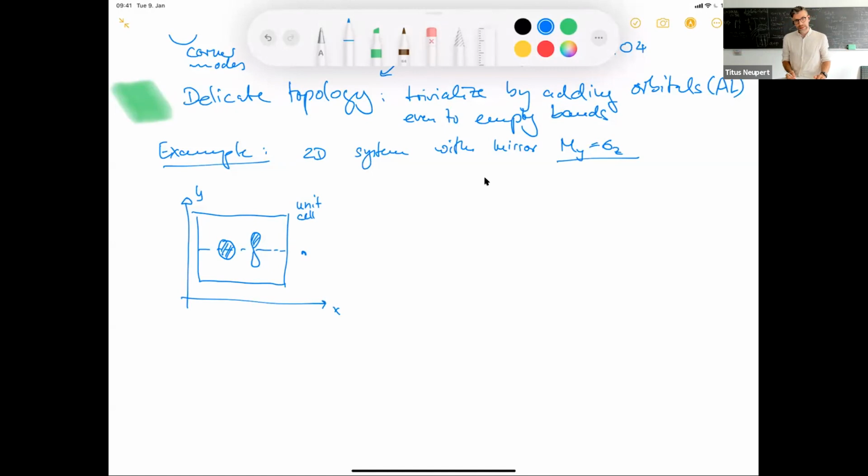And now I invite you to think how this Hamiltonian could look and the eigenstates.